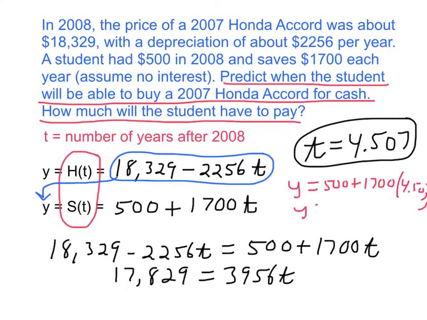And when we work that out, that comes out to equal 8162 roughly. And that would be the amount of money. And so that answers the other part of the question.